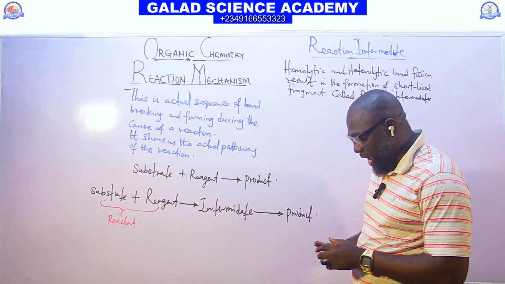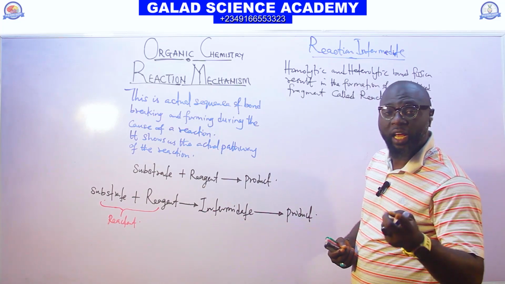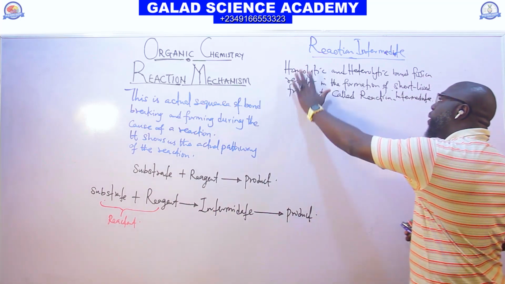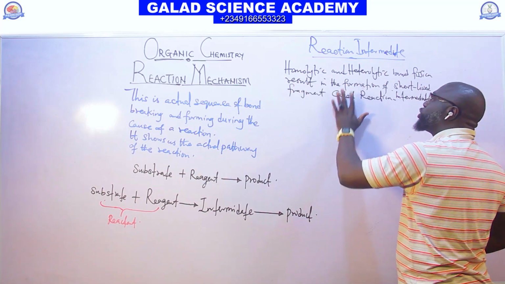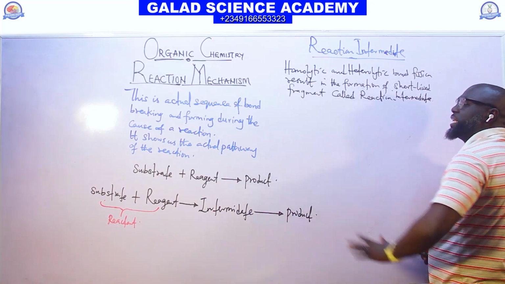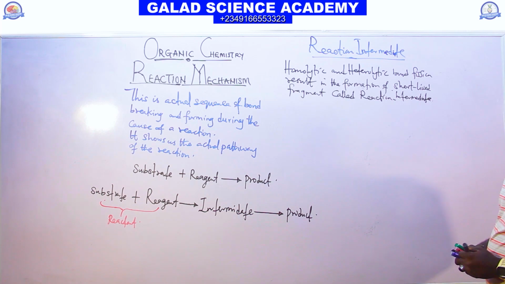If you still remember, we have done homolytic fission and heterolytic bond fission, so we know the meaning. The homolytic and heterolytic bond fission result in the formation of a short-life fragment called reaction intermediate.